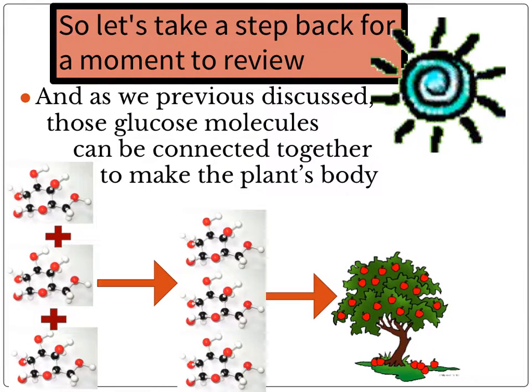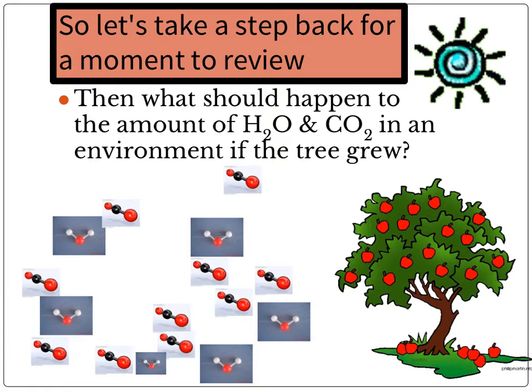And beyond that basic premise, here's another one we discussed, which is you can link these glucose molecules together to make long chains, and those long chains are used by plants to build their bodies. So with those two basic premises, try to predict the solution to this question.